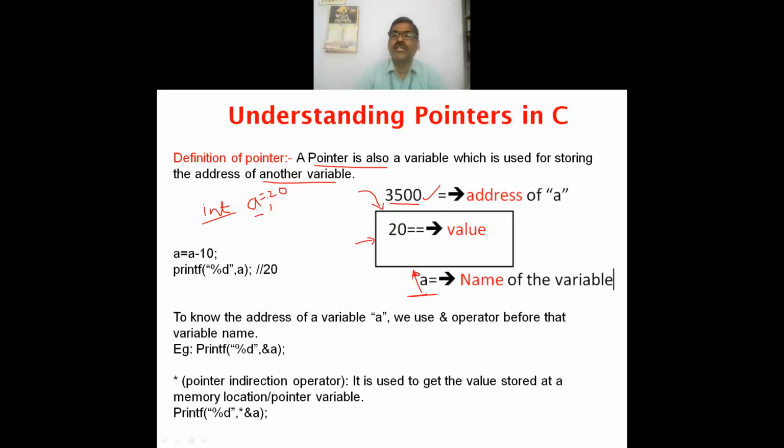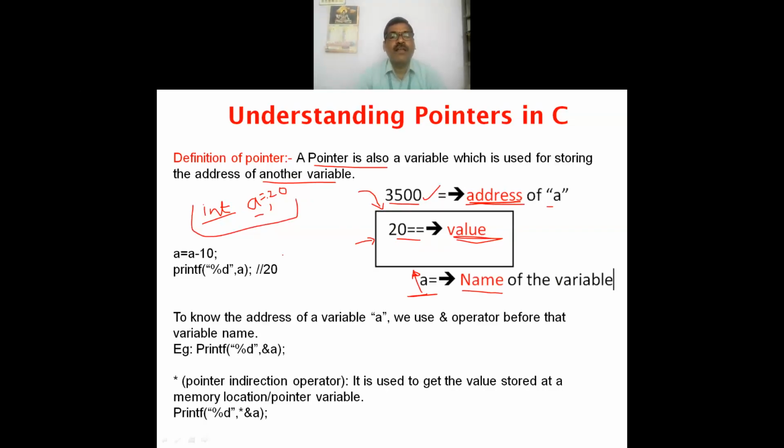Here we have three important things: a is the name of the variable, 20 is the value stored in this variable, and 3500 is the address of this variable a. So these are the three important things: name, value, address. These three things are associated with each and every variable declaration we make within the program. Fine.